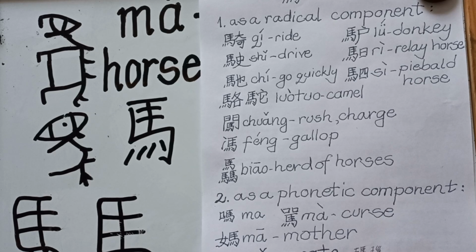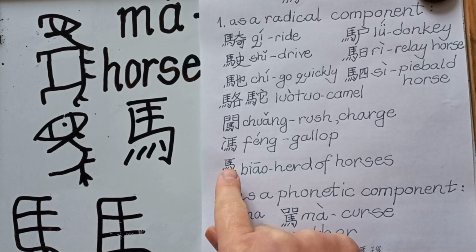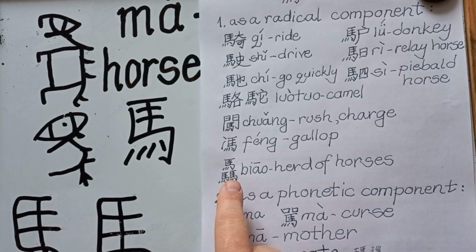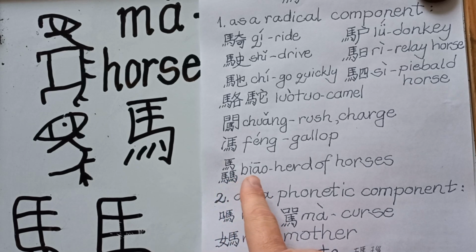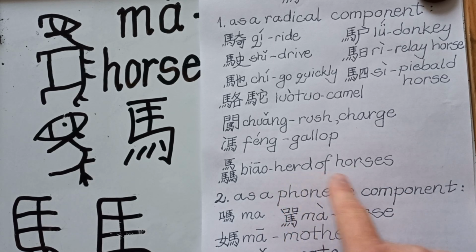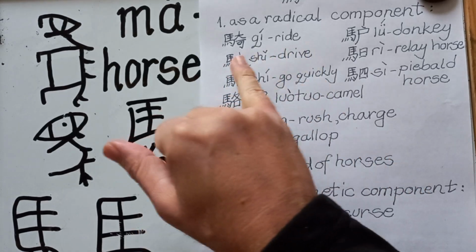And there's a very interesting character, a combination of three Ma characters. So we see three horses together combined in one character, and the meaning is pretty self-explanatory. Herd of horses.